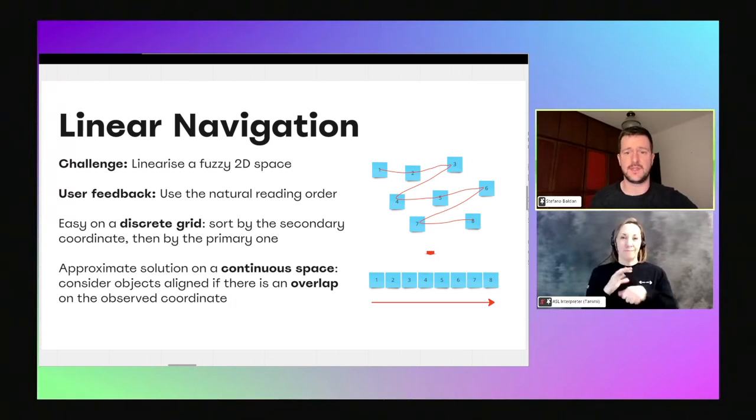In this slide, there is a picture that represents exactly this concept. On the top of the picture, there is a bunch of widgets arranged in the 2D space in a fuzzy fashion. And at the bottom of the picture, there's a list of the same widgets ordered in some sort of way that makes sense.